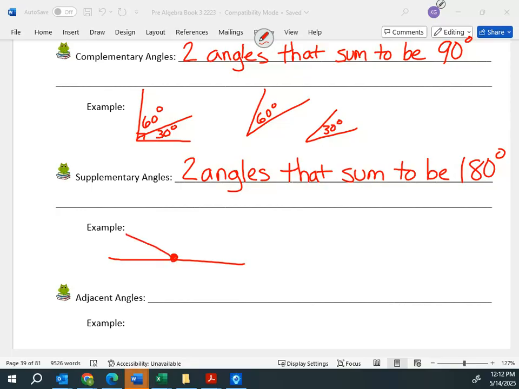So let's say we had 110 degrees and 70 degrees. It could be on that straight line, or they could be off of that line. But we just know that if we add the two angles together, it equals 180 degrees.